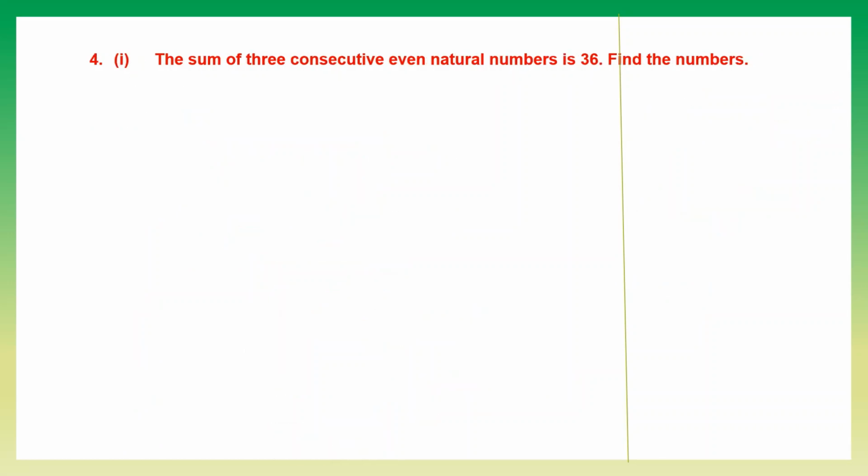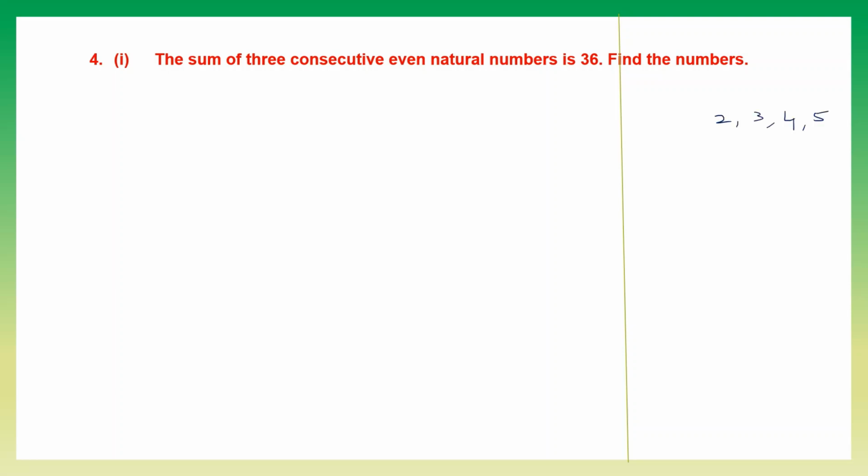Question 4. The sum of 3 consecutive even natural numbers is 36. Find the numbers. So even natural numbers are numbers like 2, 4, 6, 8. Okay, all those numbers. And 3 consecutive numbers means numbers that come one after the other. Now, if you're talking about normal natural numbers, numbers that come one after the other will be 2, 3, 4.